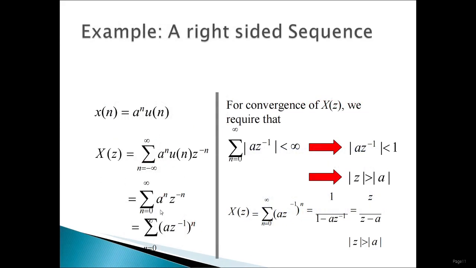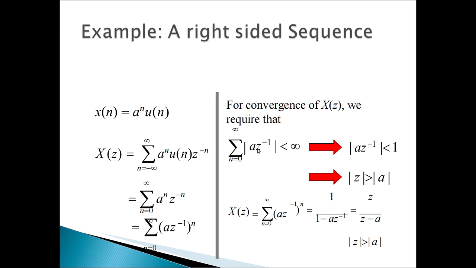By substituting the various values, for n equals 0, a to the power of 0 and z to the power of 0 give 1, plus 1 by z, plus 1 by z square, and like that we can simplify.